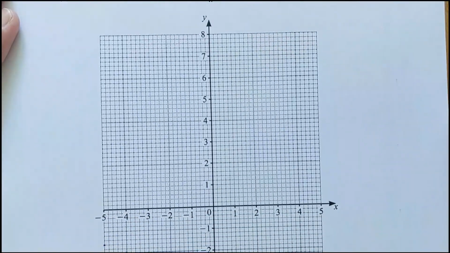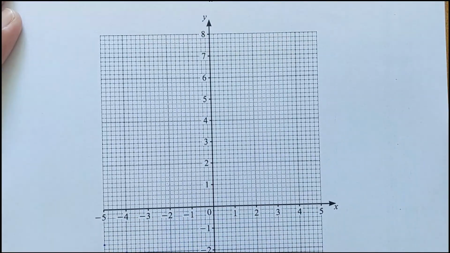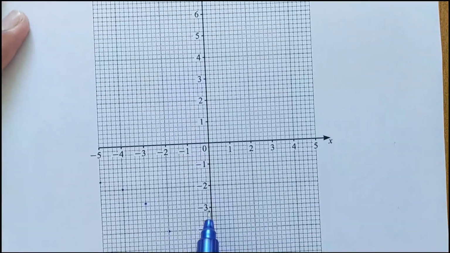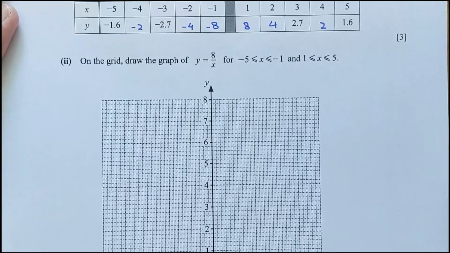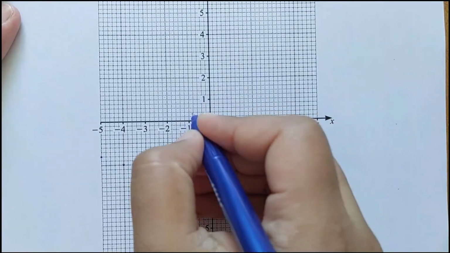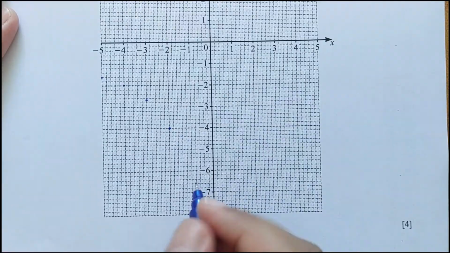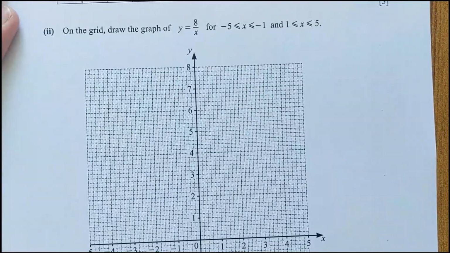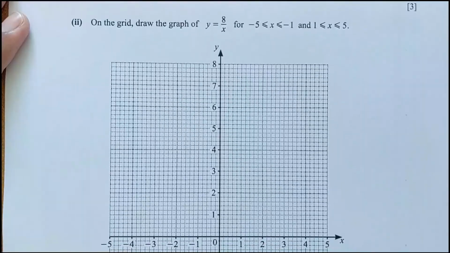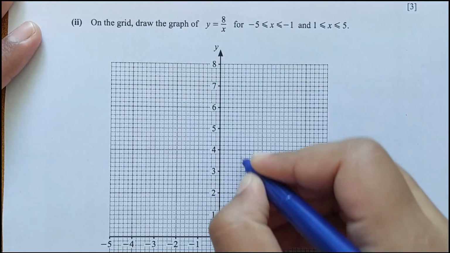For -2, it is -4. This is -4. For -1, it's -8. Now for 1, we have 8. When x is 1, y is 8.